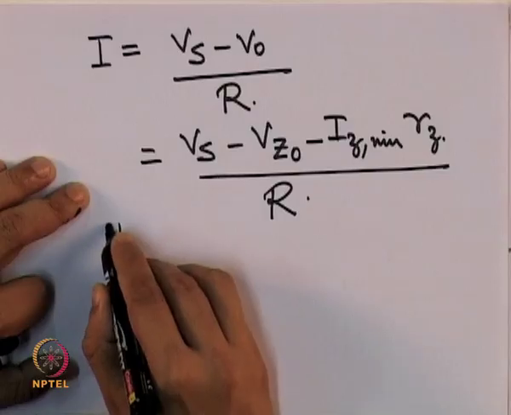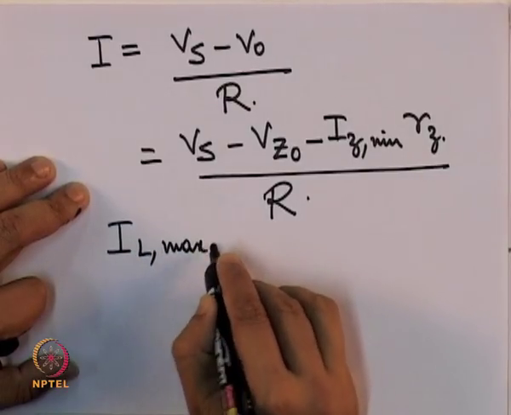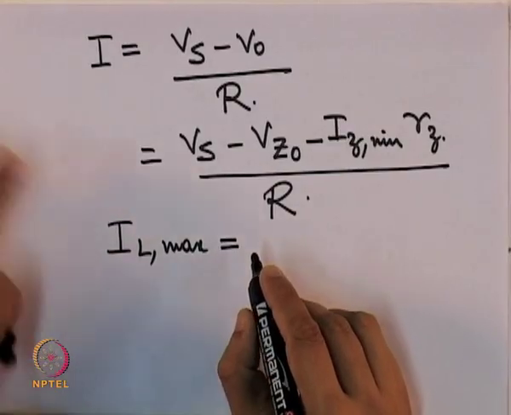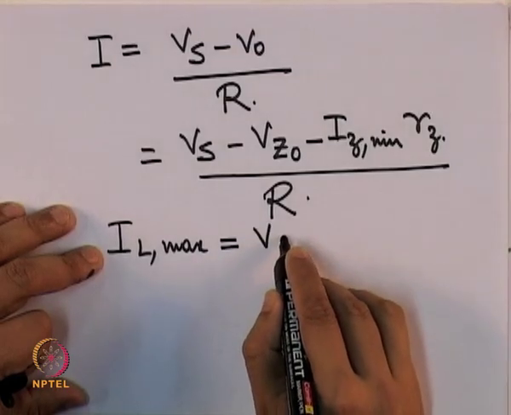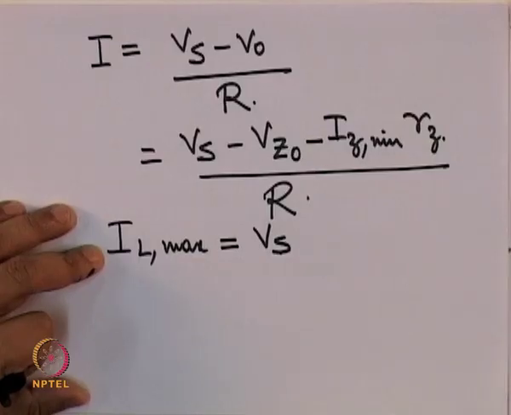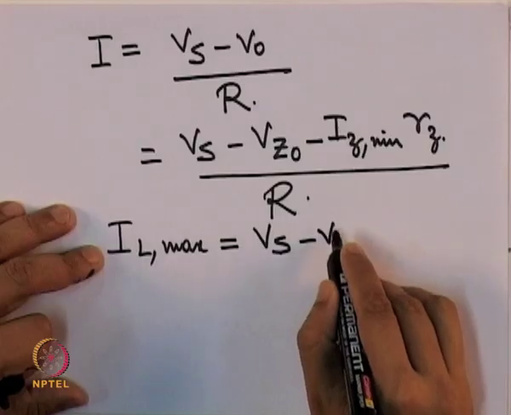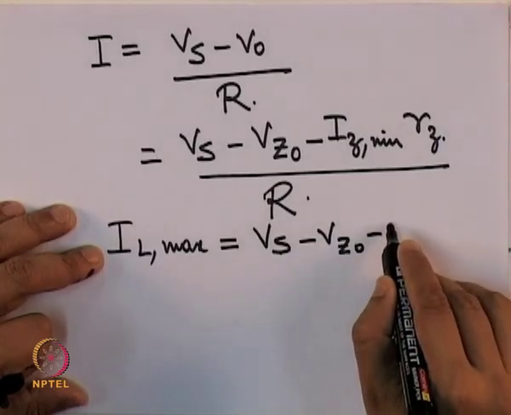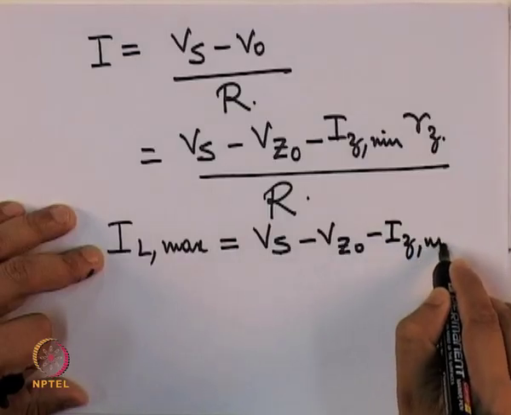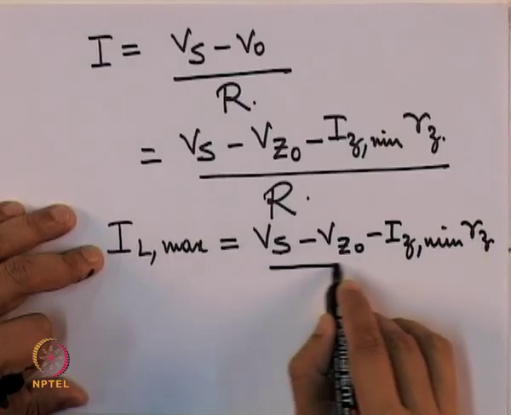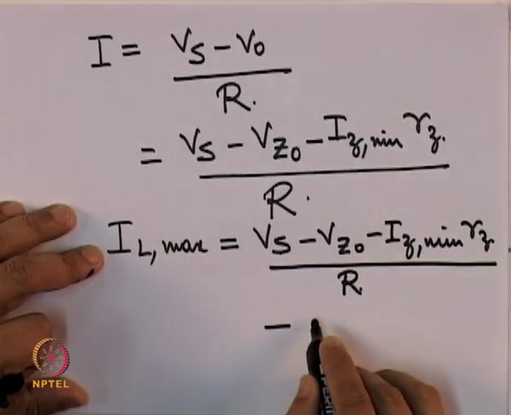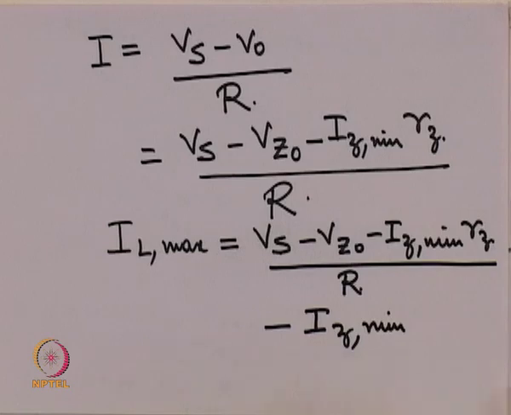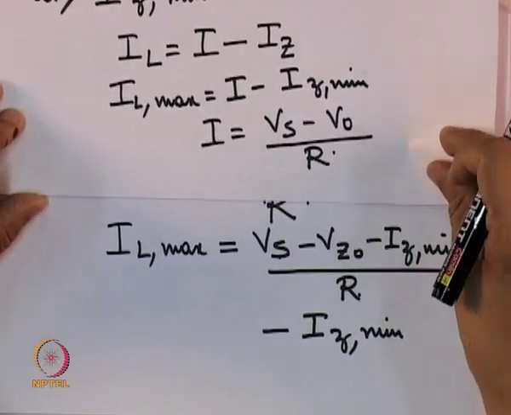And therefore, IL max can be written as Vs minus Vz0, minus Iz min Rz, upon R, minus Iz min. This follows from the equation which I had written earlier.